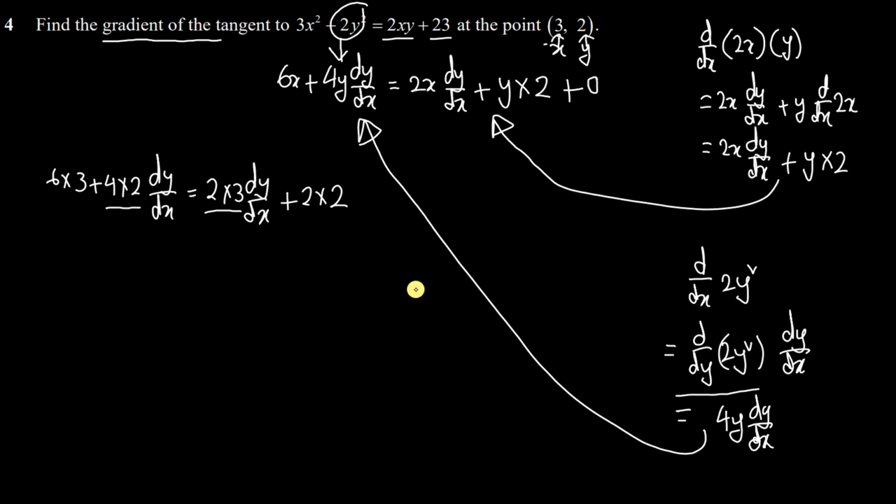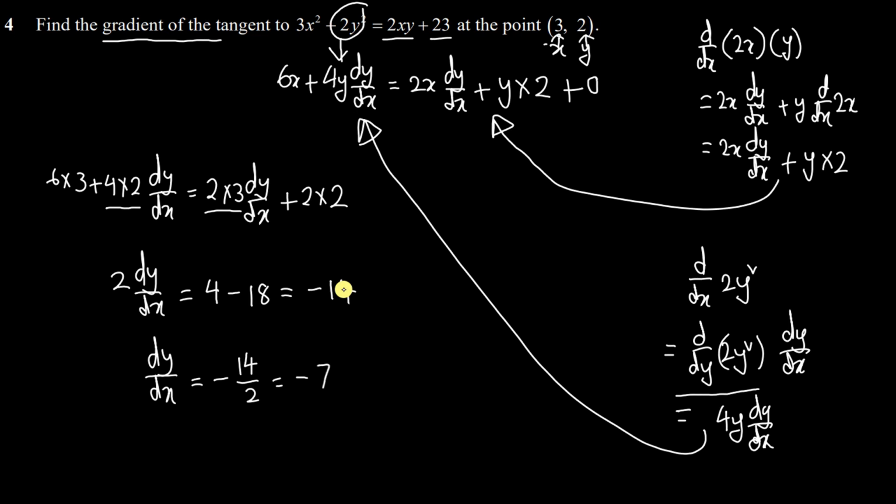If we subtract, we can write 8 minus 6, which is 2 dy by dx. And on the right side, 2 fours are 8 and 3 sixes are 18. So 4 minus 18, which is minus 14. So now if we make dy by dx the subject, you can write minus 14 by 2, and it gives us minus 7.